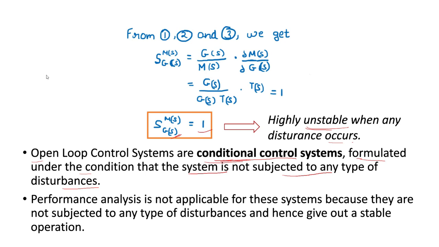Here we have assumed that there is no type of disturbance, and thus we are using this open loop control system. And since we have assumed that they are not subjected to any type of disturbance, therefore performance analysis is not applicable for these systems. Hence they give out a stable operation. This whole thing is an imaginary thing. So if there is no disturbance, then obviously the system will be stable. But practically, open loop systems are highly unstable when any disturbance occurs.